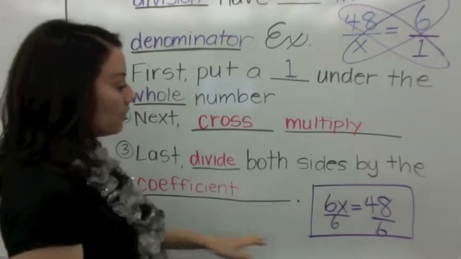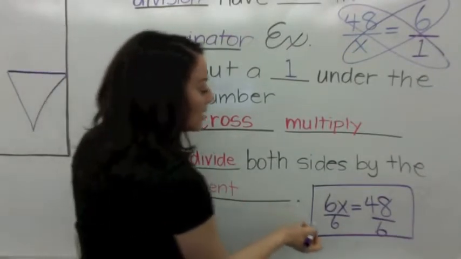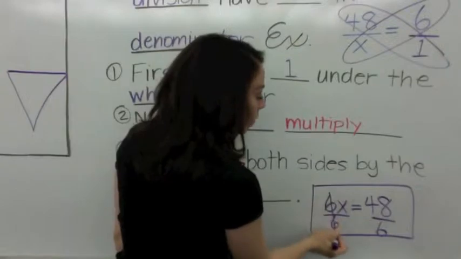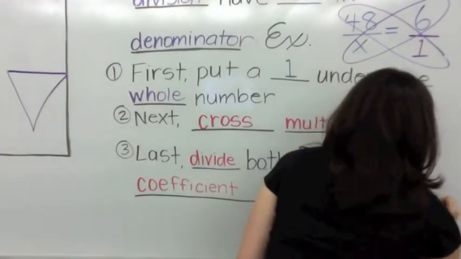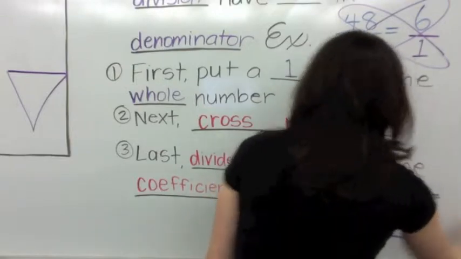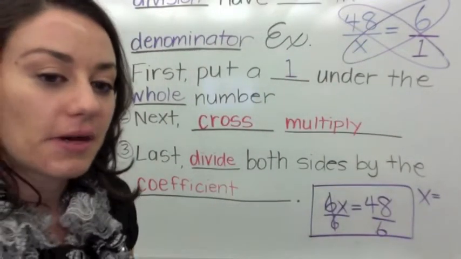Last, you have to do the operations on both sides. 6 divided by 6 is 1. Now you get that x equals, and we ask, what is 48 divided by 6?